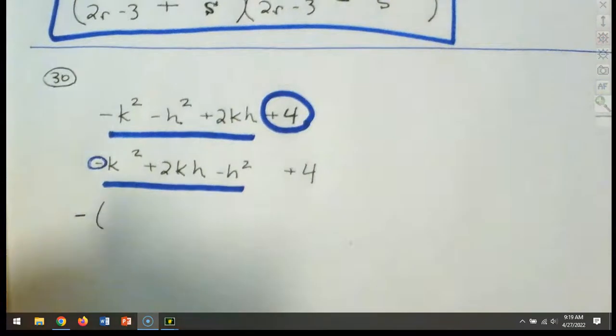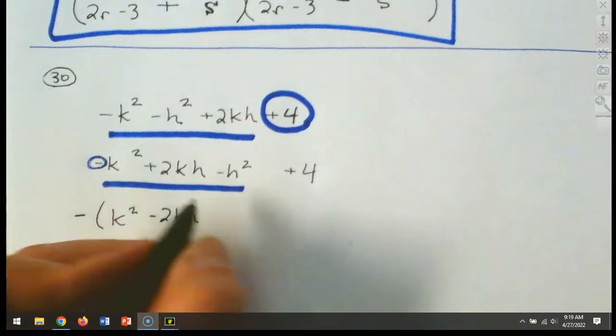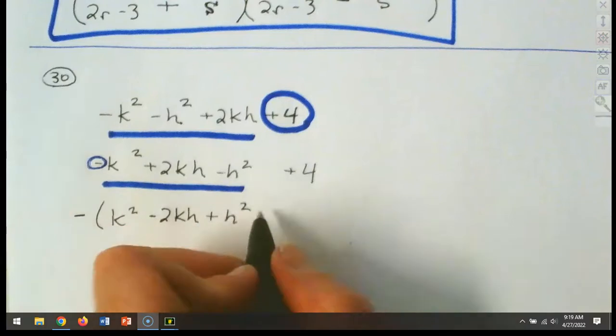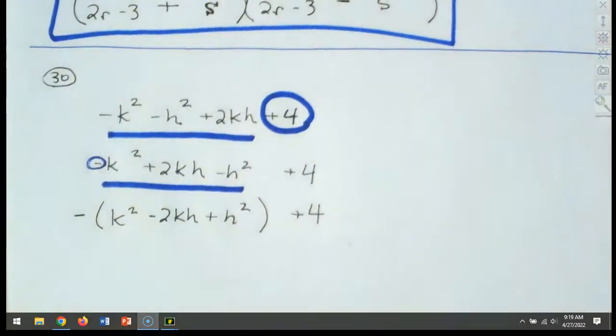And so I'm going to factor out a negative, and that leaves you with the k squared, a minus 2kh. Negative and negative makes it a positive h squared. It doesn't come out of the 4 because the 4 is all by itself back at the end there. So it's okay. Now what can I do? Now we look at this.